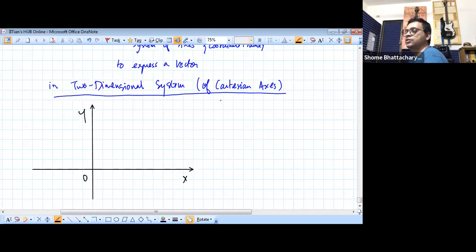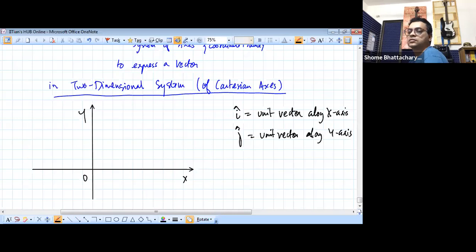Then we define something called unit vectors, I cap and j cap. This is a unit vector, that means a vector of magnitude 1 along the x-axis, and this is a unit vector along the y-axis.